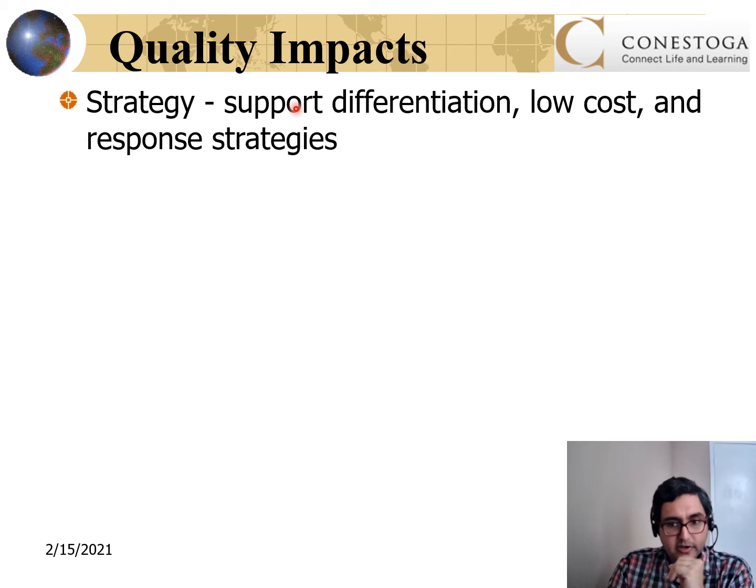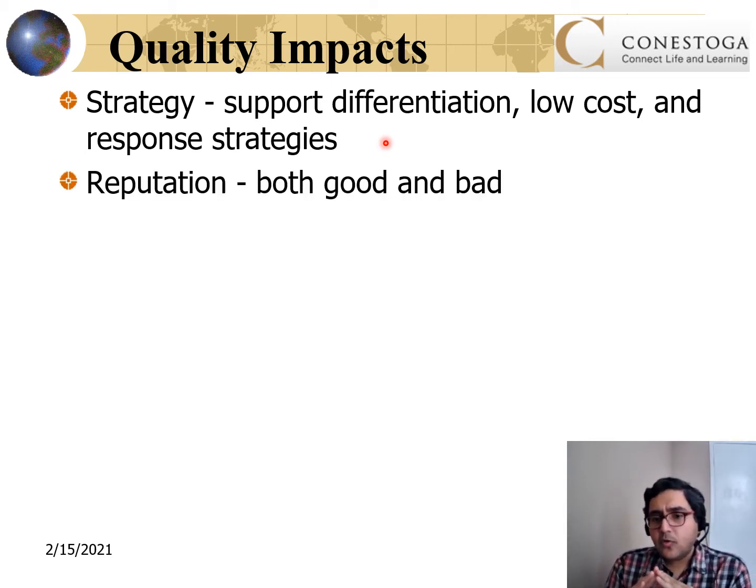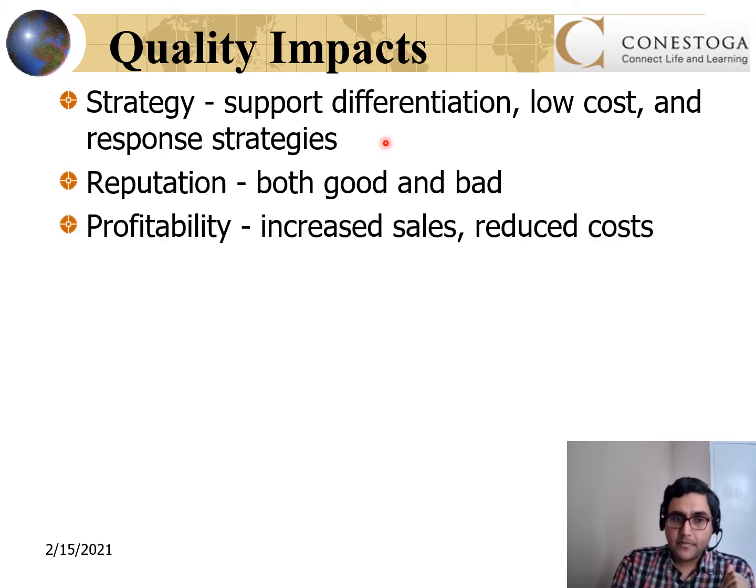So be it in any organization, the quality techniques that we study in this chapter can be applied. If you create a product which is of good quality, then the reputation which your company will have is good, but a bad quality product can result in damage to the reputation.